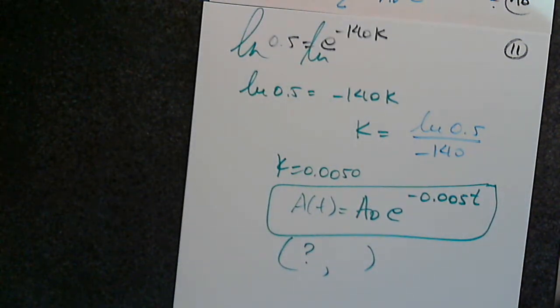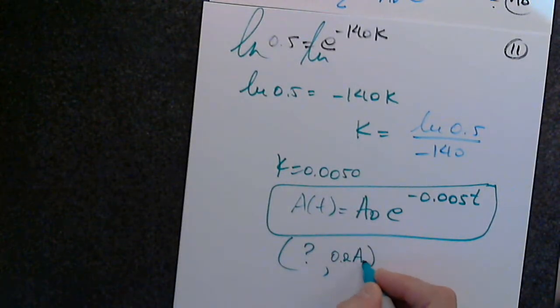I have $100 in my pocket and you have 20% of what I have. How much do you have? 20% of 100. 0.2 times 100, right? So this is 0.2 times A0. 20% is remaining.